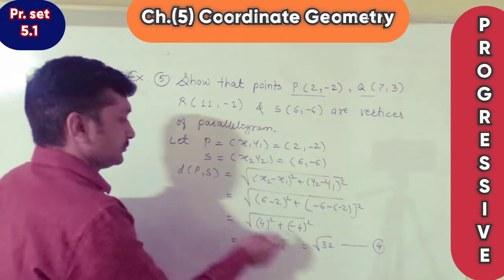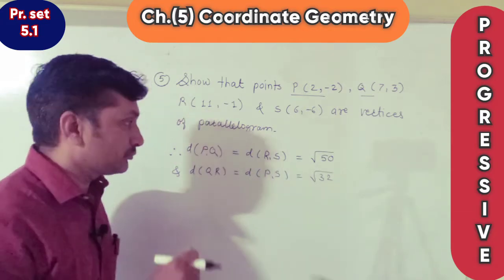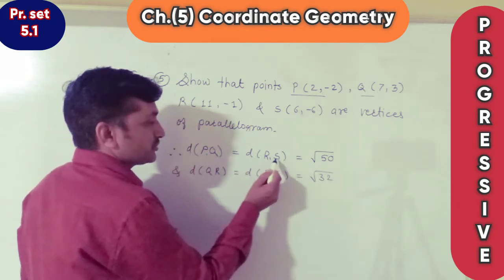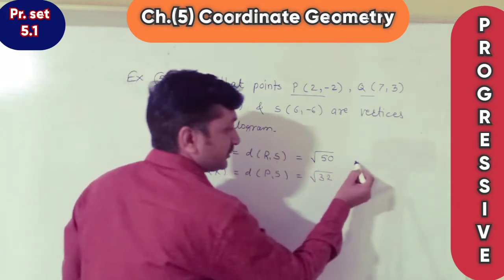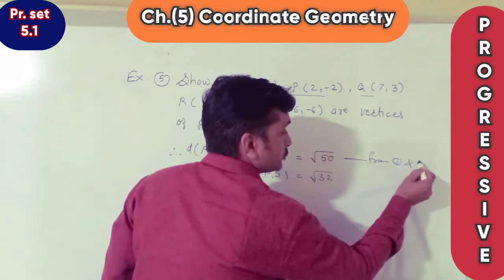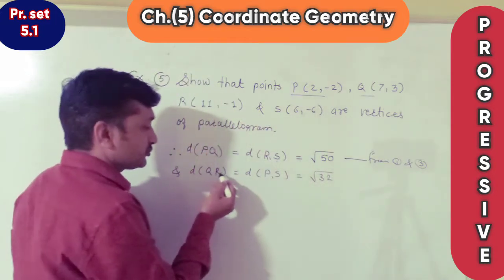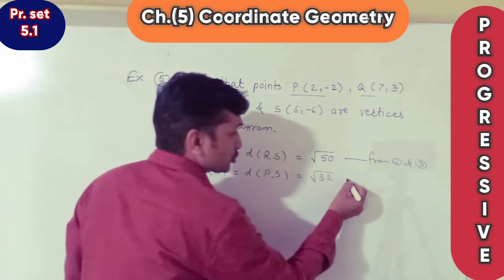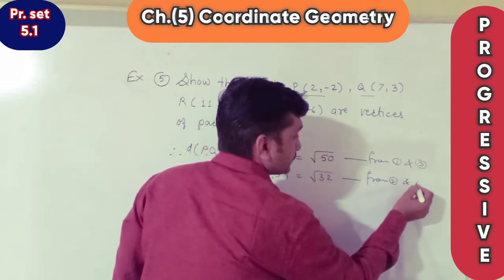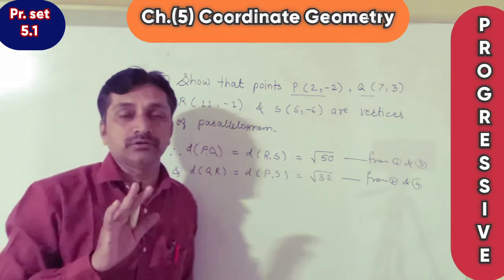This is distance PS. Now we got all 4 distances, and if we observe, distance PQ is equal to distance RS is equal to root 50, from 1 and 3. From 1 and 3, these are equal. And distance QR is equal to distance PS is equal to root 32, from 2 and 4. These are opposite sides of the quadrilateral.